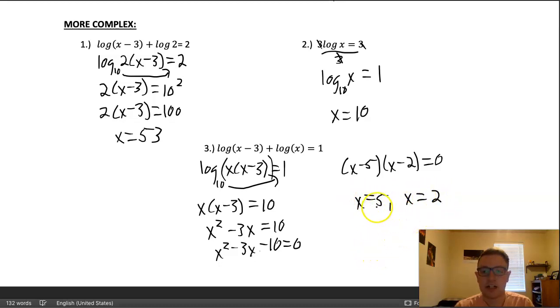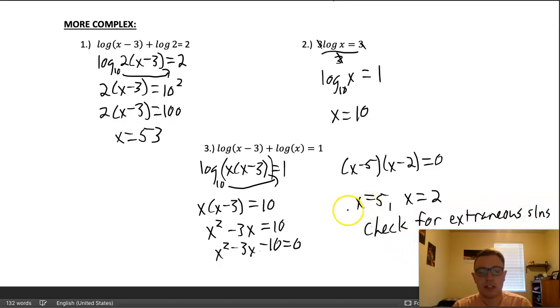We're not done with this one, however. We need to check for extraneous solutions. And we're going to need to do this anytime we're dealing with logarithms. Check for extraneous solutions. When we do, let's substitute in 5. We get log of 5 minus 3 plus log of 5 is equal to 1.